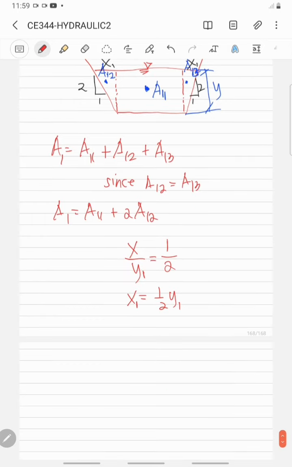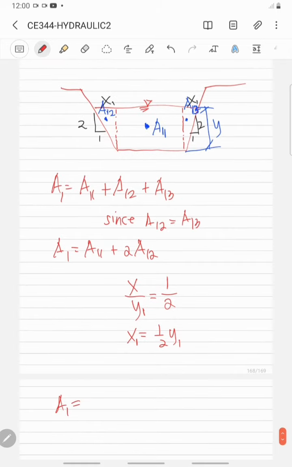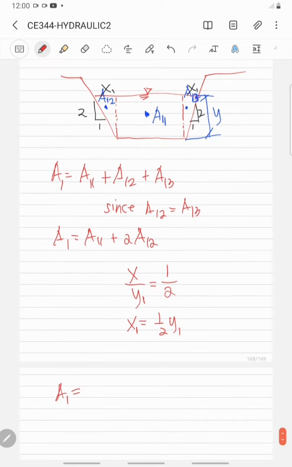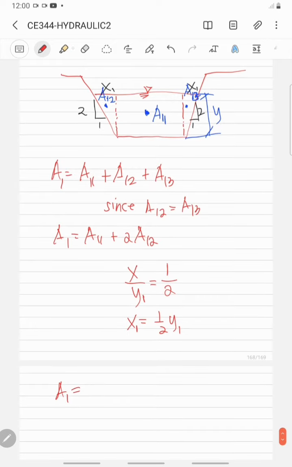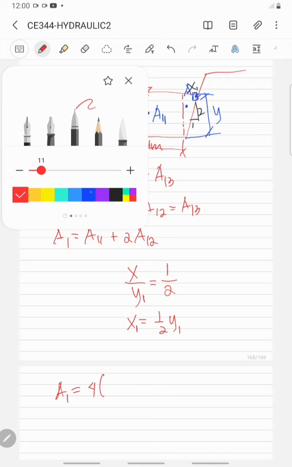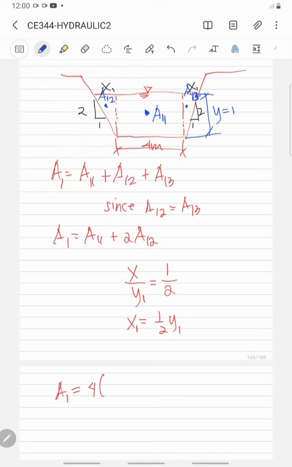For area 1:1, the area of the rectangle, the base of the trapezoidal section is equal to 4 meters. So we have 4 times y, and our y is equal to 1.2 meters.